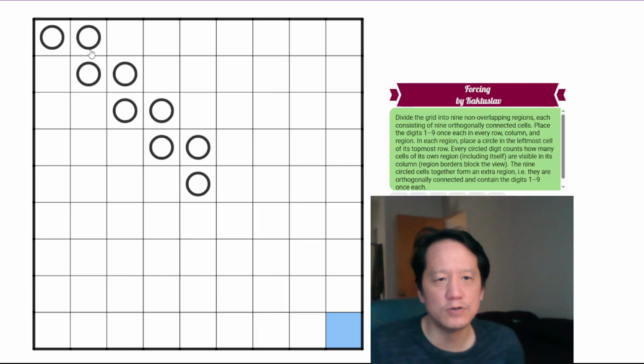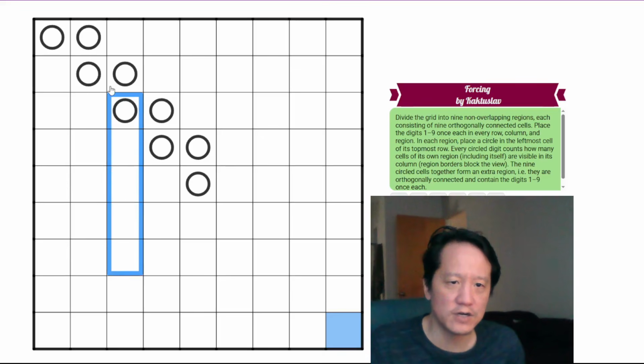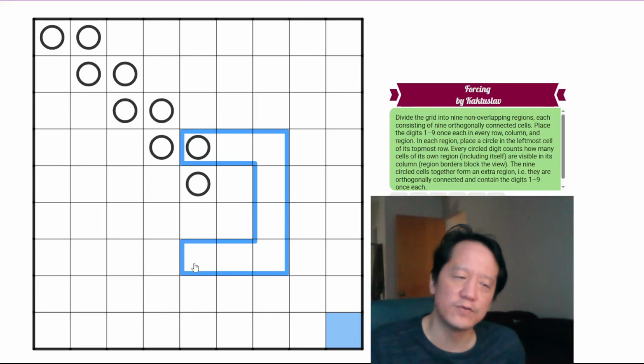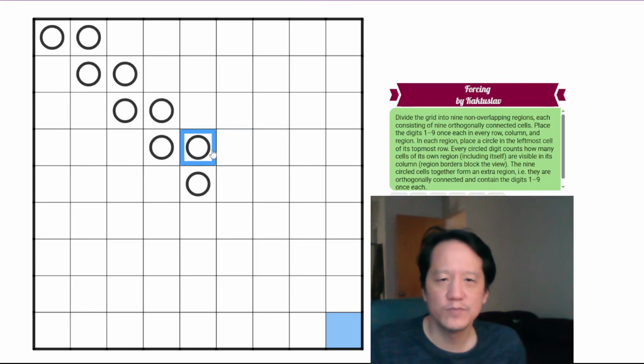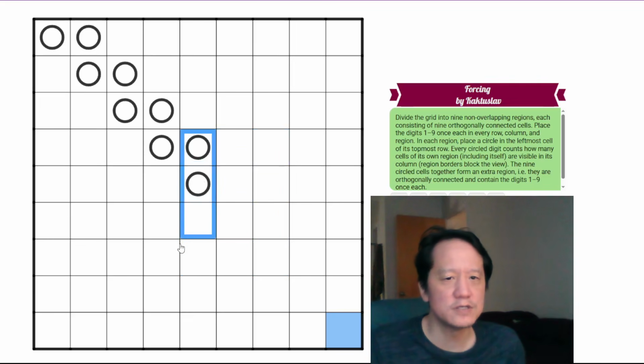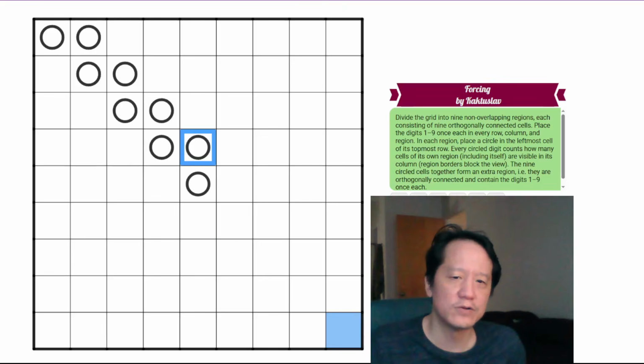And then these are all 1 because they can't see anything else in the column. Yeah, actually, this one doesn't even work either. Does it? 1, 2, 3, 4, 5, 6, 7, 8. If that's the case, it still doesn't see it. It's still 1. Yeah, you're always going to see 1.